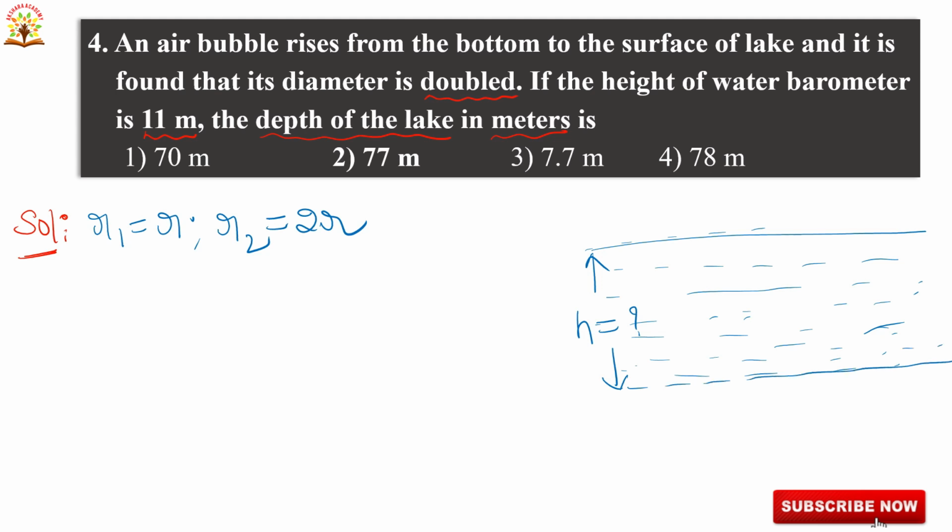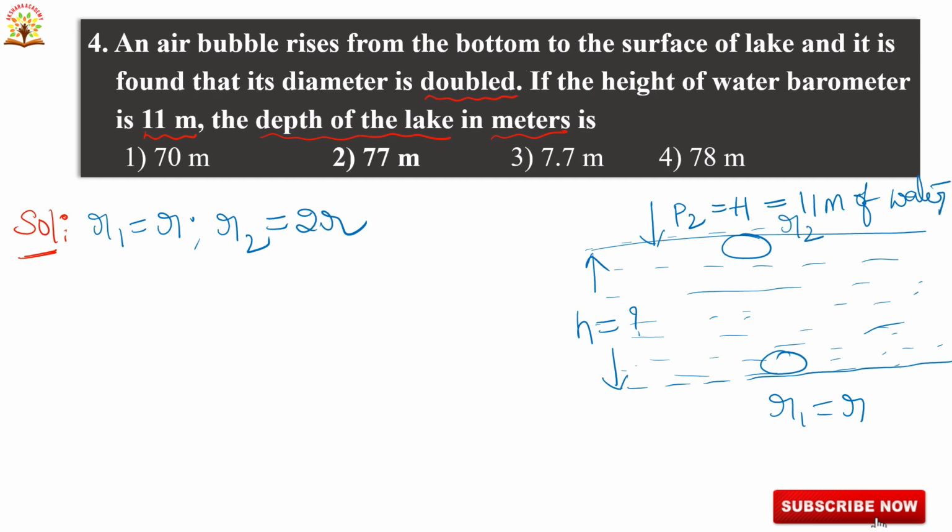Here this is the air bubble, R1 is equal to R, and the height of the water barometer is 11 meters. They gave 11 meters, that is P2 is equal to H, 11 meters of water, and the diameter is doubled. So R2 is equal to 2R.